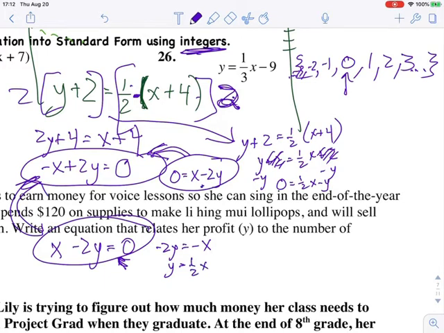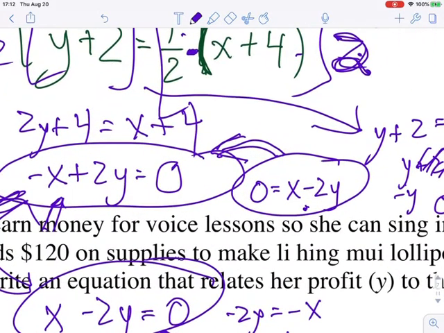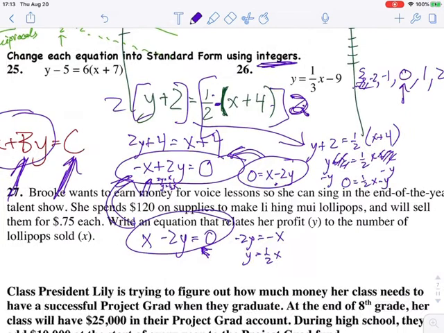We already know this. Oh, no, we don't. We didn't do it. So if we were to isolate y here, we would get 2y equals positive x, and divide by 2, you would get y equals 1 half x. These are equivalent. You get y equals 1 half x either way.